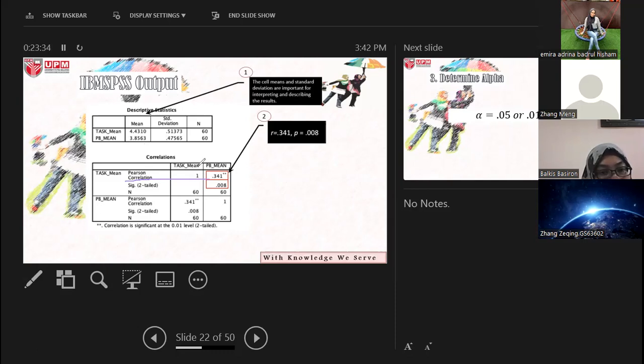So task mean. So the relationship between task mean and task mean. Okay, so this one is our IV, this one is our DV. This one is our IV, this one is our DV. Okay, so if you can see this table, they repeat the same values.